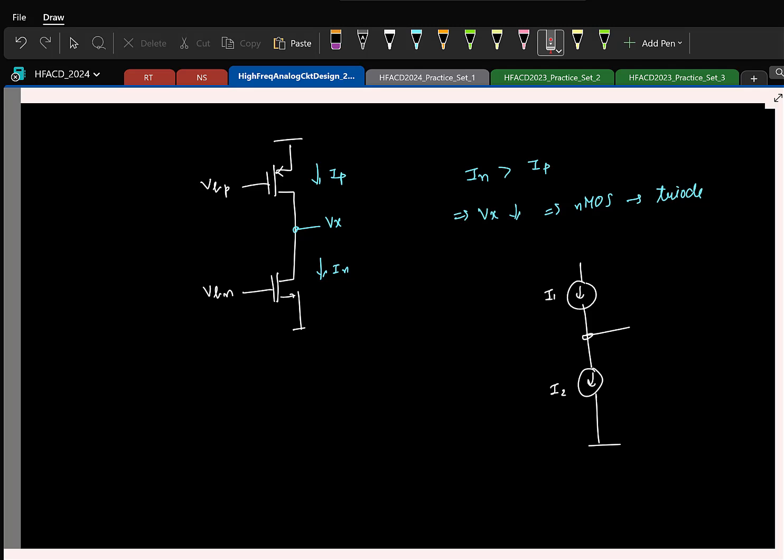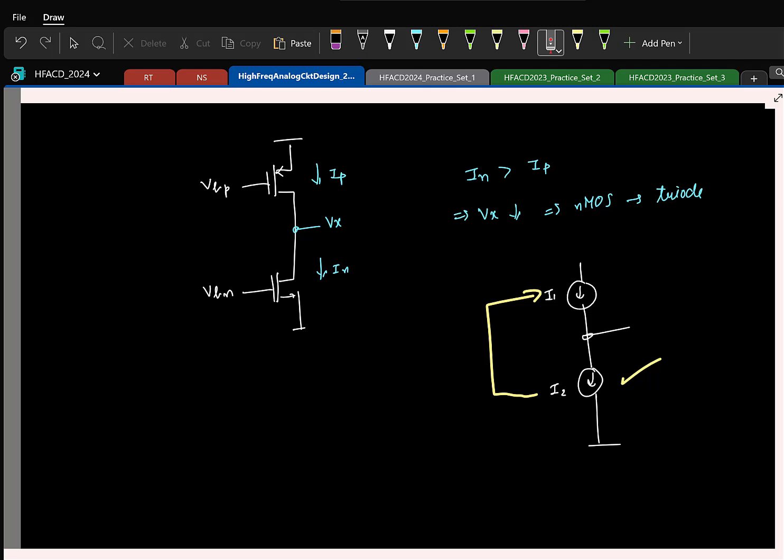So you can't have two current sources which are independently biased, and you can't connect them in series. So typically you set one of them and then go and change the other based on the first current. Okay, so only one of them can be set independently.